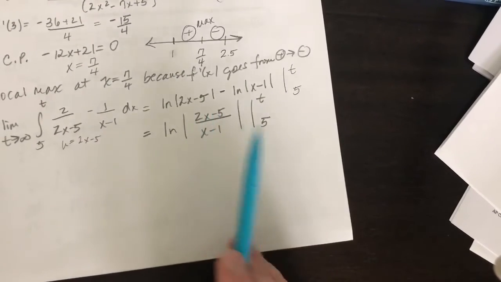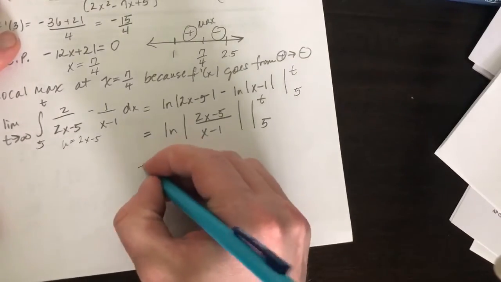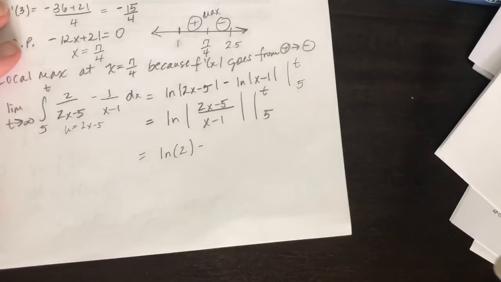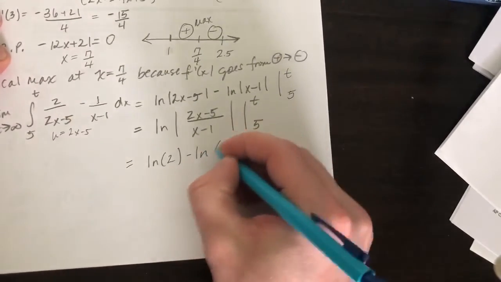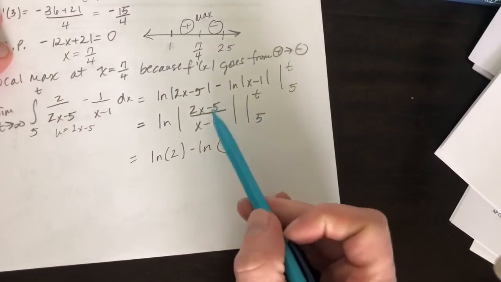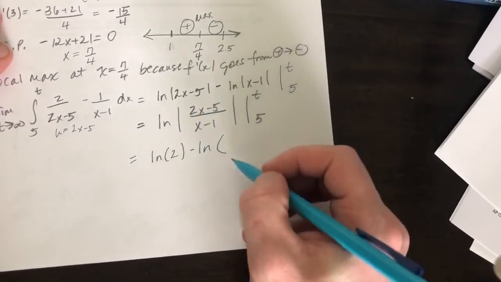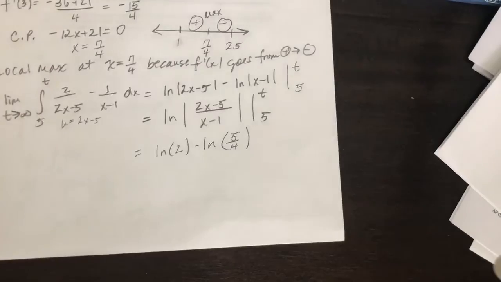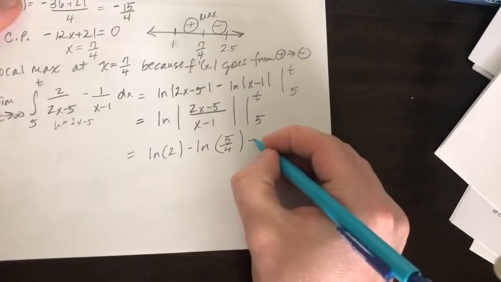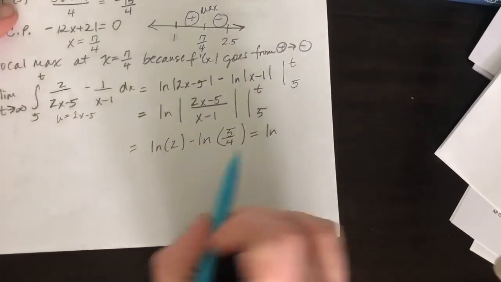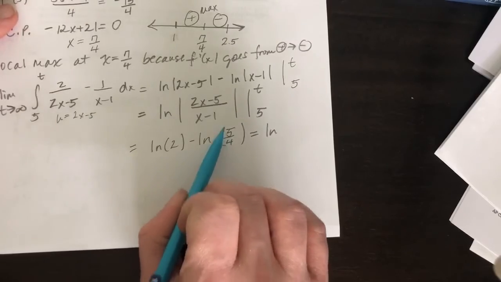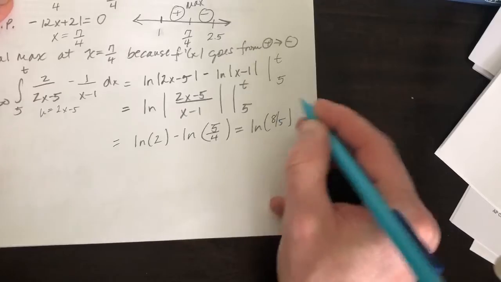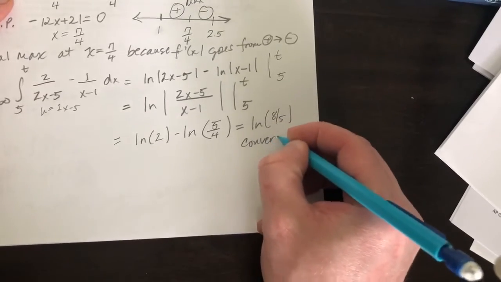They're the same power, top and bottom, so this is going to go to natural log of 2. Then if I plug in a 5, 5 times 2 is 10, over 5/4. You can leave it like that, or you can simplify this by division again. When you divide, you multiply by the reciprocal. As long as you get an answer, it's fine. It's convergent.